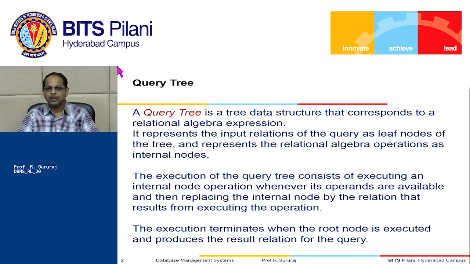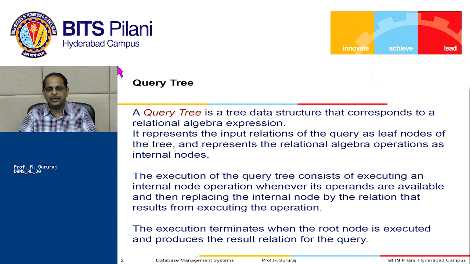That is, whatever input relations are part of the query or relational algebraic expression, they appear as leaf nodes of the tree, and the tree represents the relational algebra operations like select, project, join as internal nodes. There can be an operation in the root node as well.